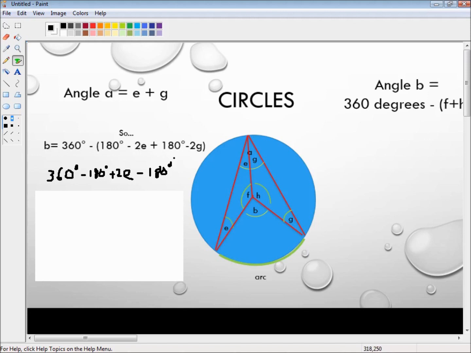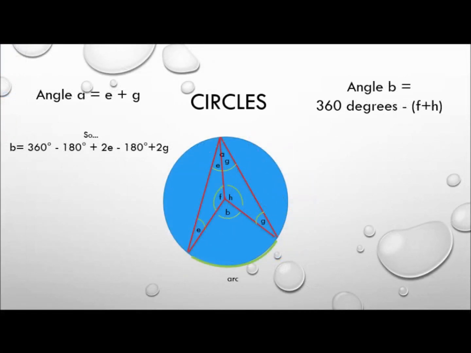So it's like taking away the full 180 and then paying back or adding the 2G. Which brings us back to B equals 360 degrees minus 180 degrees plus 2E minus 180 degrees plus 2G.